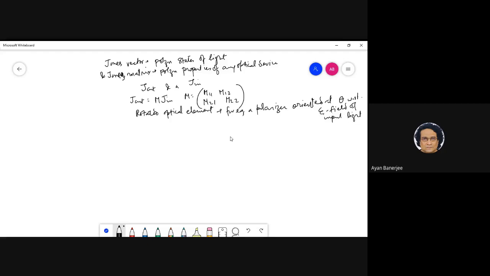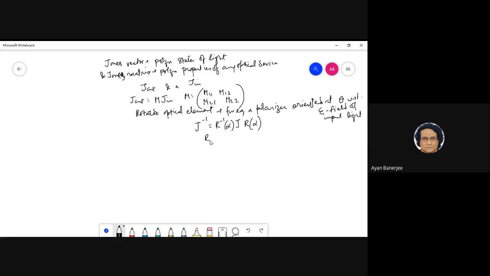So then what we do is apply a rotational transform. You just apply this kind of rotational transform to the Jones matrix for the unrotated optical element, and you get the rotated one.